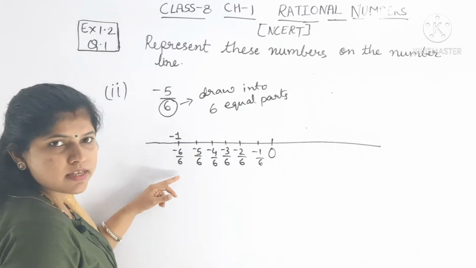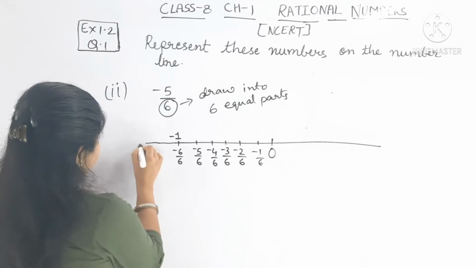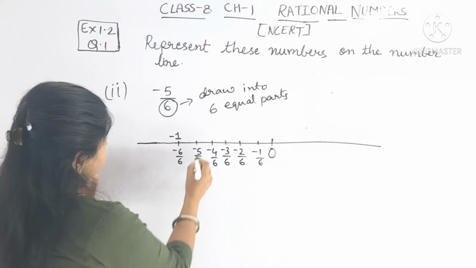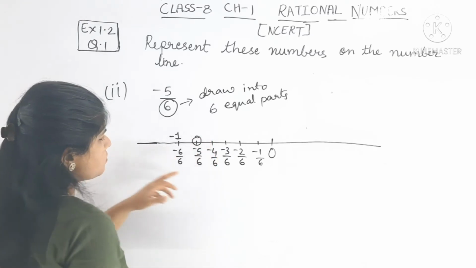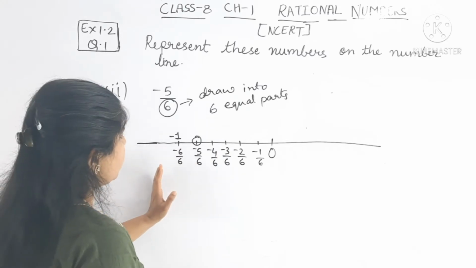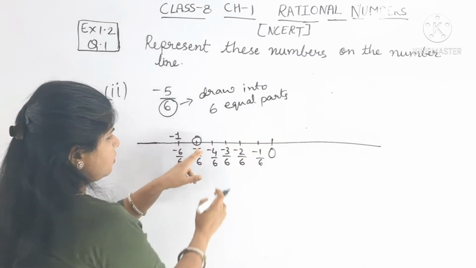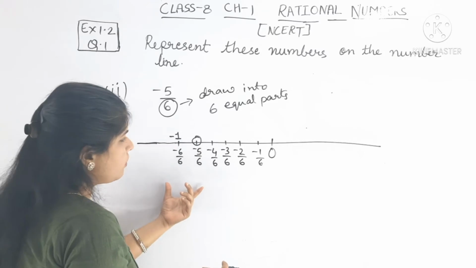Minus 1 and minus 6 by 6 is same. Okay. This is your answer, minus 5 by 6. Okay, that is 0 to minus 1. Here it is. Okay, between 0 and minus 1.